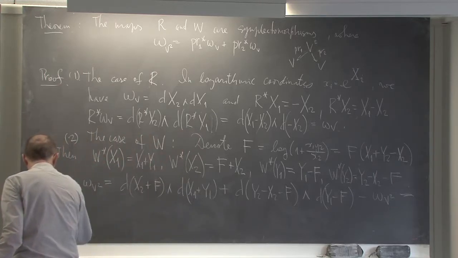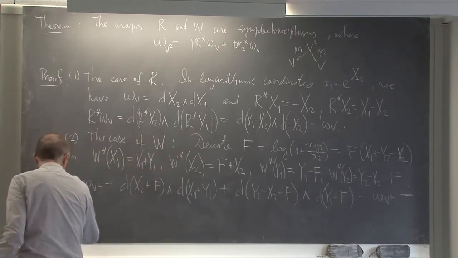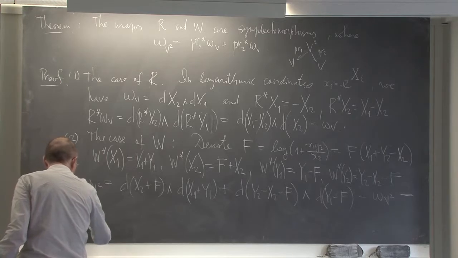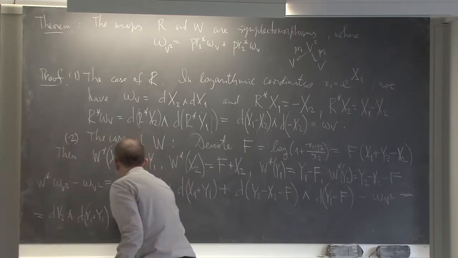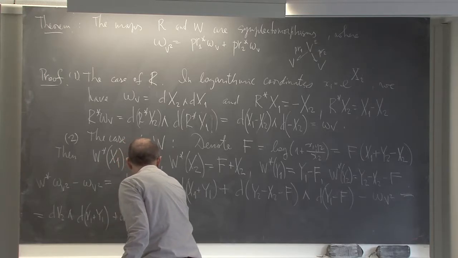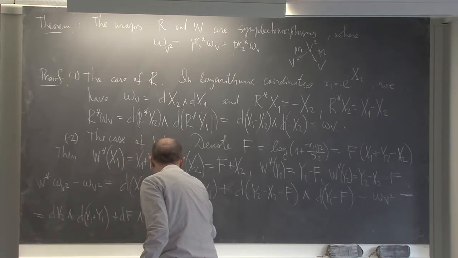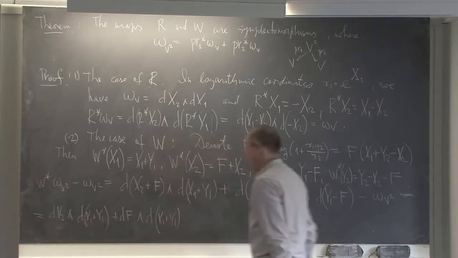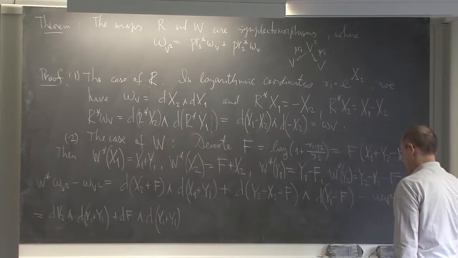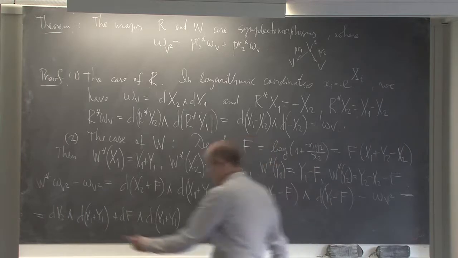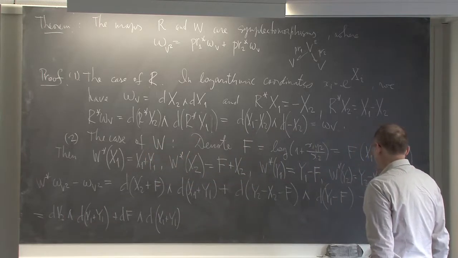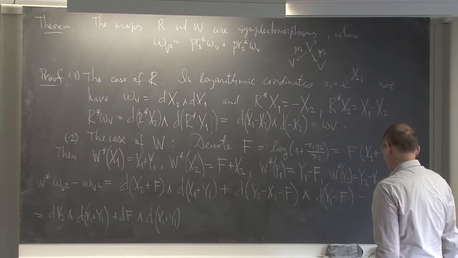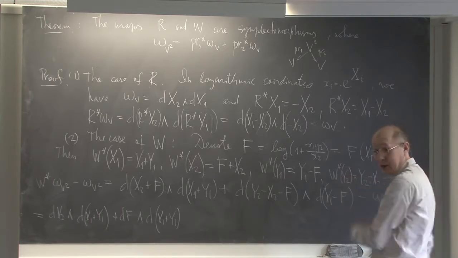So I write dx2 which dx1 plus y1 plus df which dx1 plus y1. So I am preparing to cancel dx2 times dx1. And likewise dy2 and dy1.